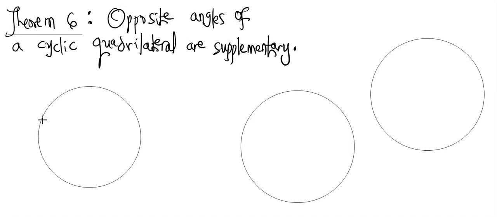So we all know that a quadrilateral is a four-sided polygon.